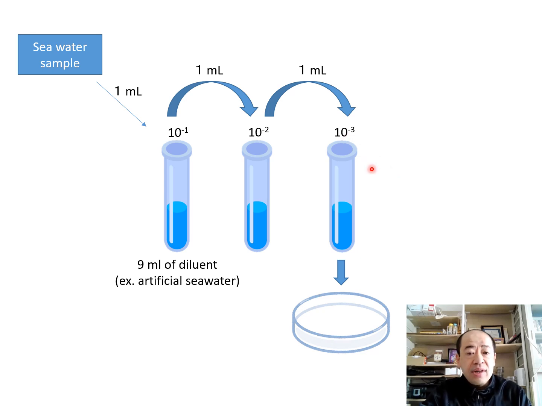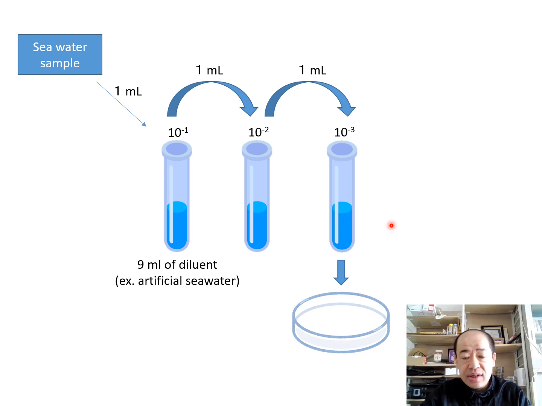Let's transfer the sample from the 10 to the 3rd dilution. We transfer 0.1 milliliter of sample onto the surface of the agar medium, spread, inoculate, and incubate.